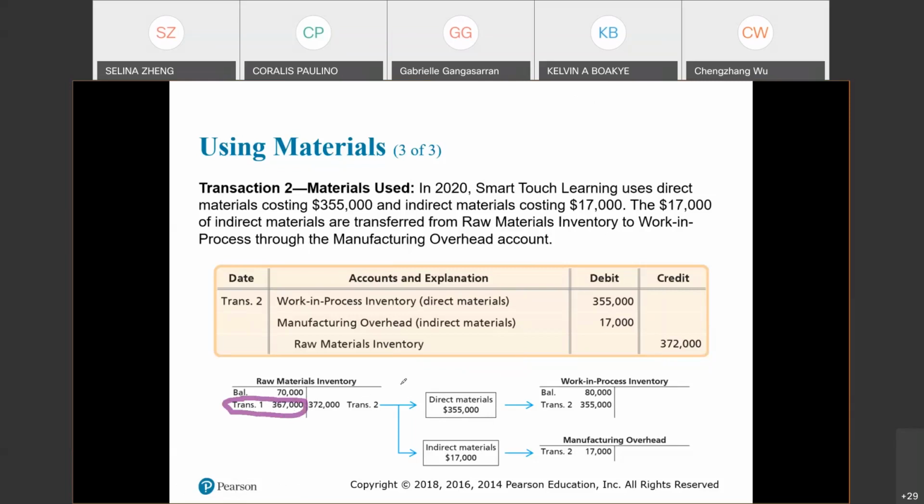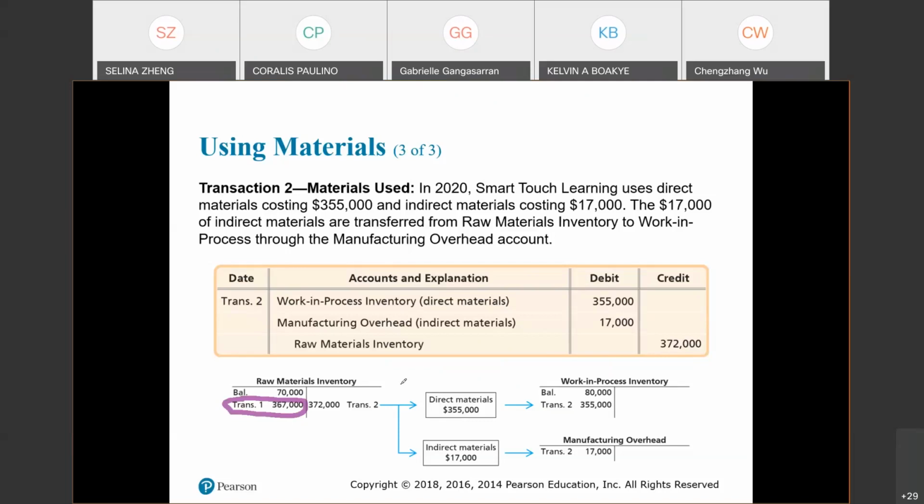And now, parts of the raw materials are used, where $355,000 are direct materials, and another $17,000 is indirect materials.